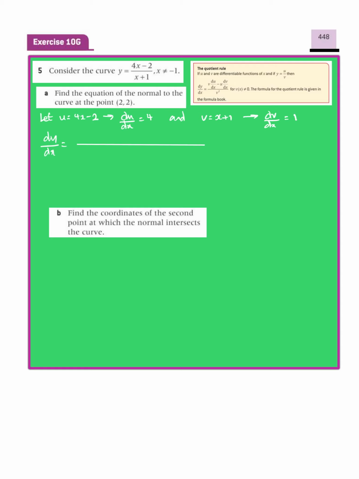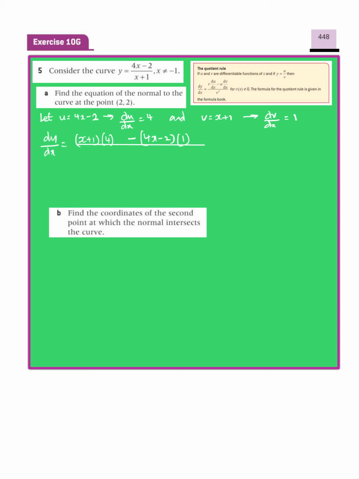Let's write that up. So on the top we have v, and v is defined as x plus 1. Let's write that in, x plus 1. And that's multiplied by du/dx, that's 4. And then we minus u, which is 4x minus 2, times dv/dx, which is 1.